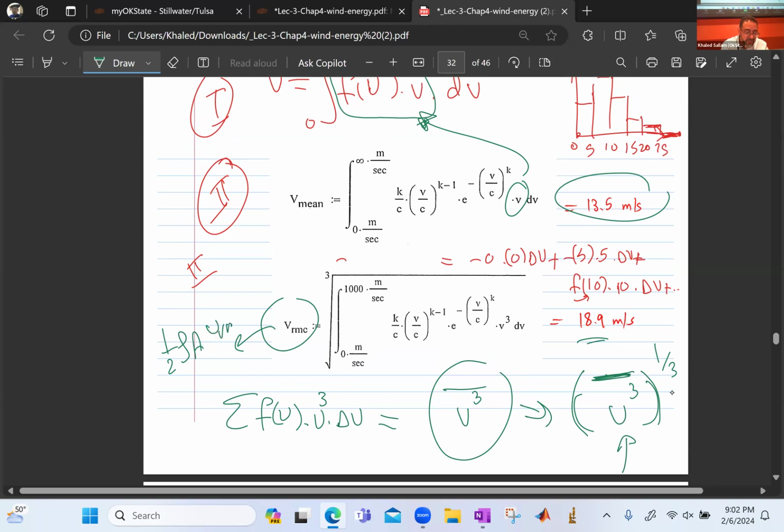It's v root mean cube. What's v root mean cube? It's the cubic root of the average v cube. So it's a velocity in meter per second, but it's coming from the average of v cube. Because the unit is meter per second times meter per second times meter per second, we take the cubic root.